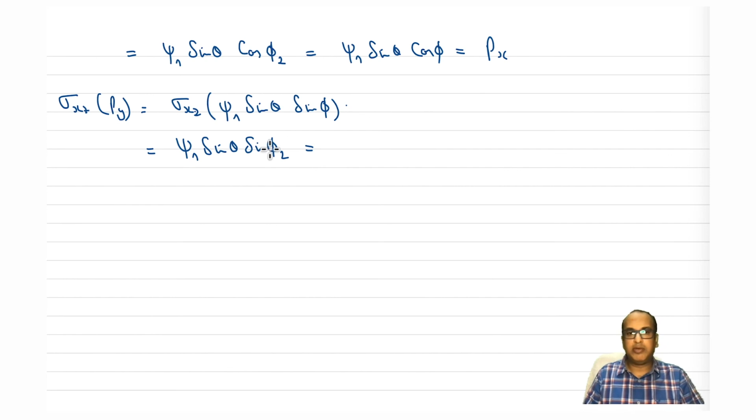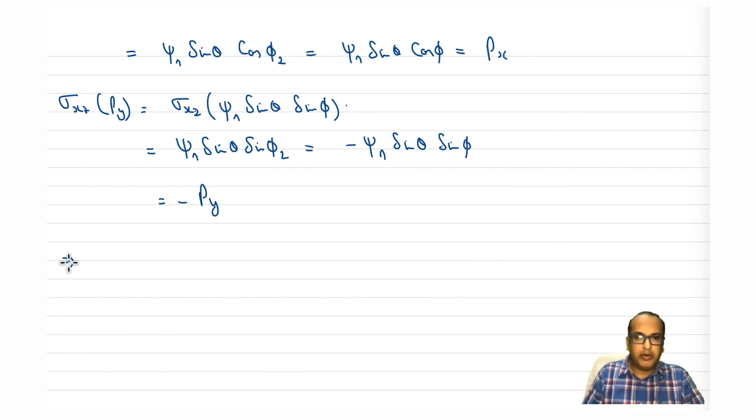And we are seeing that sine phi 2 is equal to sine of minus phi 1, and we get a negative sign out. So psi r sine theta sine phi, which is nothing but negative of py. So sigma xz on py gives you negative of py.